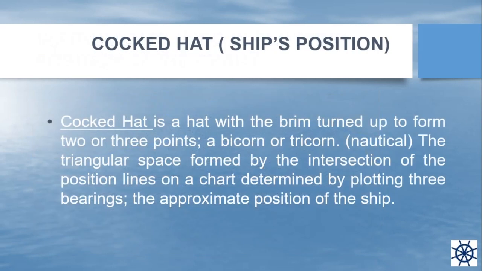Okay, cocked hat. What is cocked hat? Cocked hat is a hat with the brim turned up to form two or three points, a bicorn or tricorn. In nautical terms, the triangular space formed by the intersection of the position lines on a chart, determined by plotting three bearings, gives the approximate position of the ship.